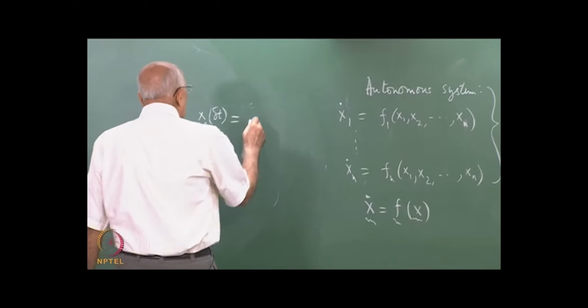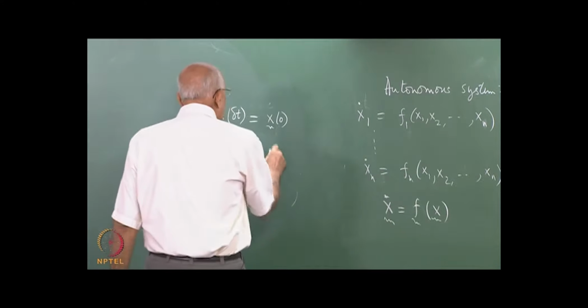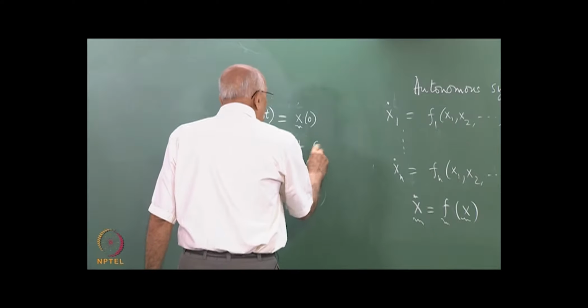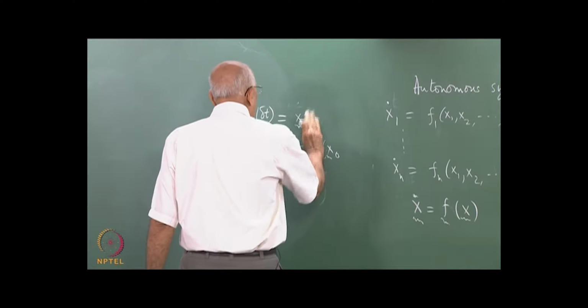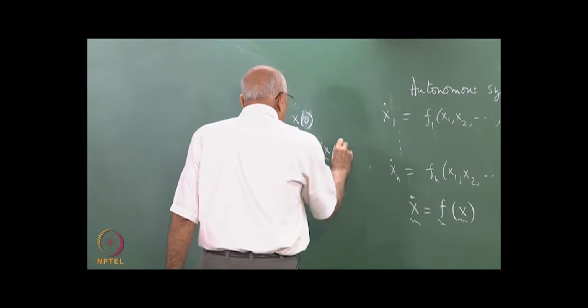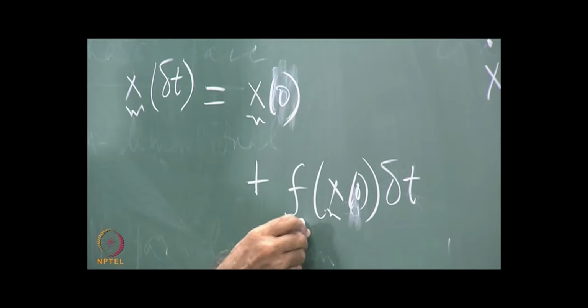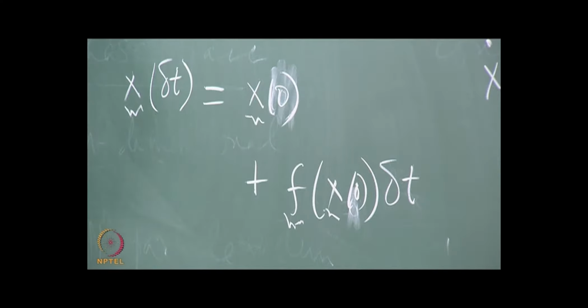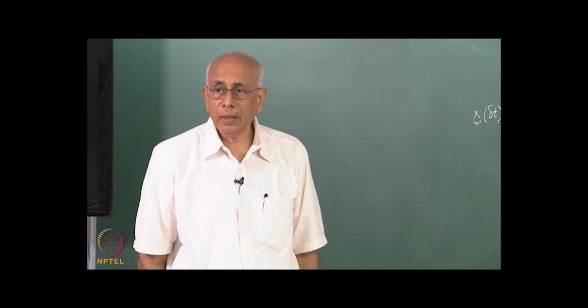So this is equal to x at 0 plus f at x naught, let me call it x naught, x at 0, times delta t. I have just taken this differential equation, kept things to first order in this infinitesimal time delta t, and that is it.